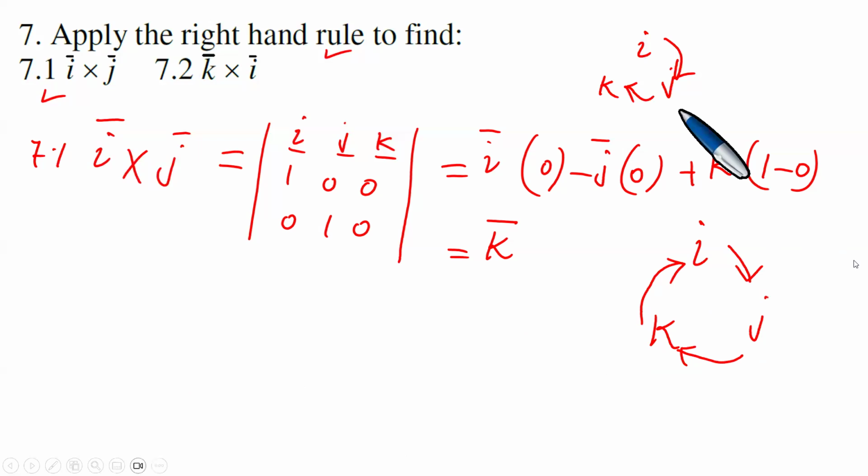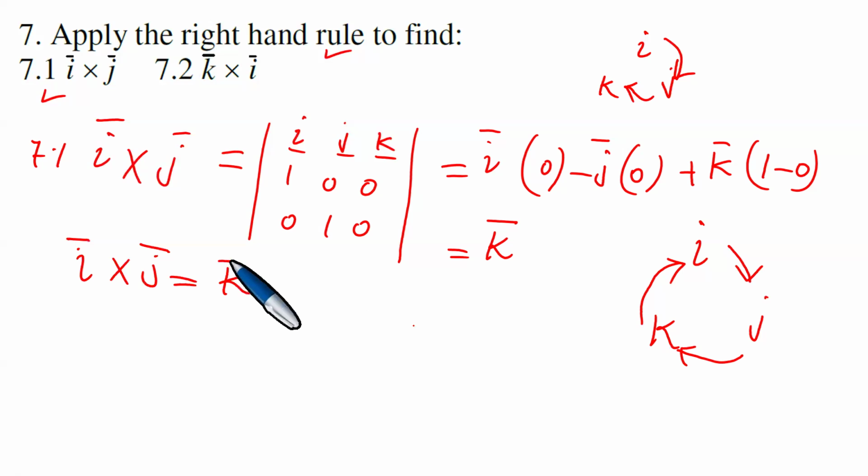For example, I cross J would yield a K, where these are our unit vectors.